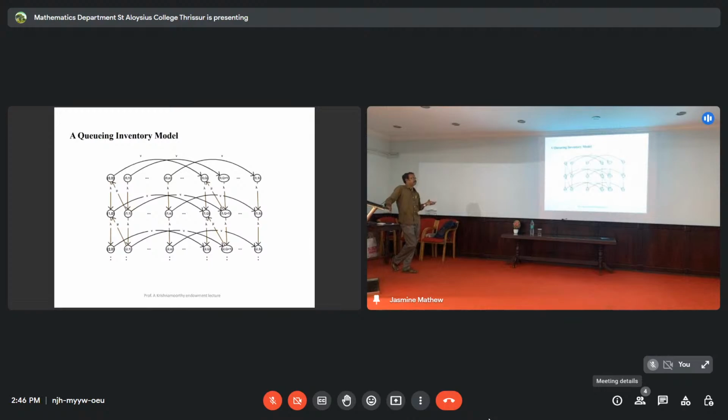In the earlier model there weren't any backlogs. So when there is no inventory available, a customer arriving at a stage is considered to be lost. But here we will consider keeping backlogs, and therefore we have an infinite dimensional system of equations to solve.